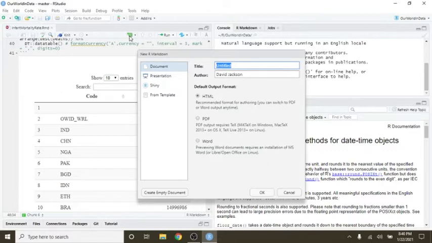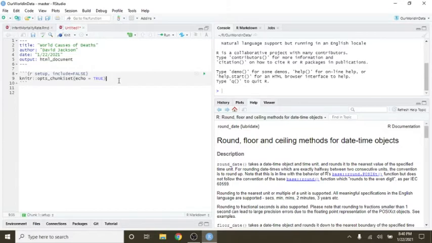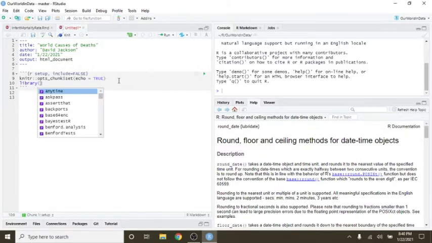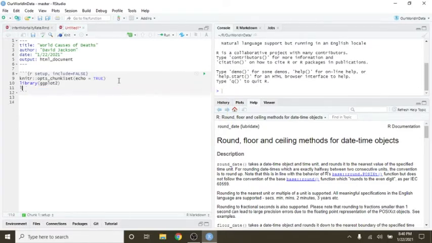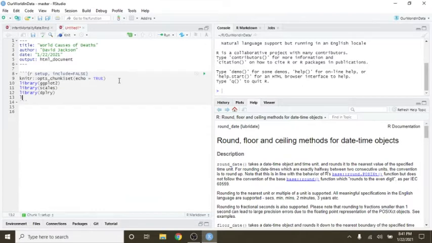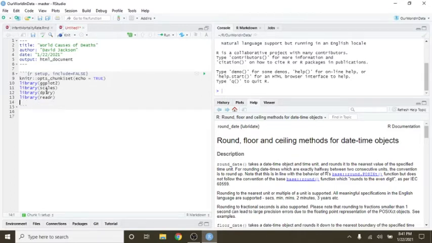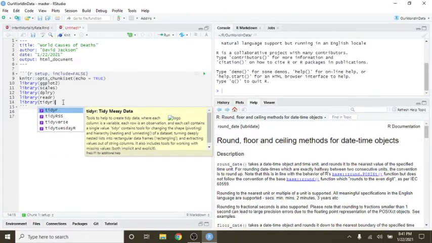Okay, so here we go. Let's see. Yes. Let's try this.